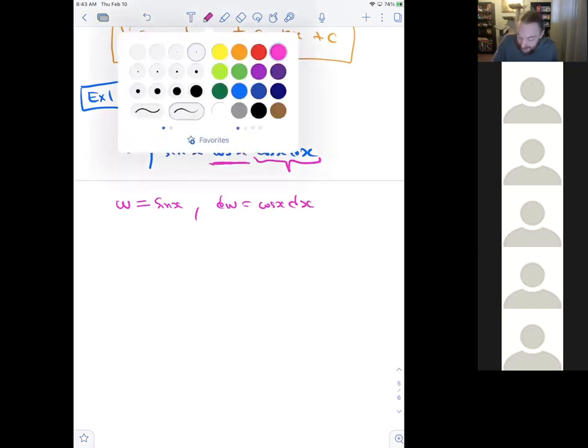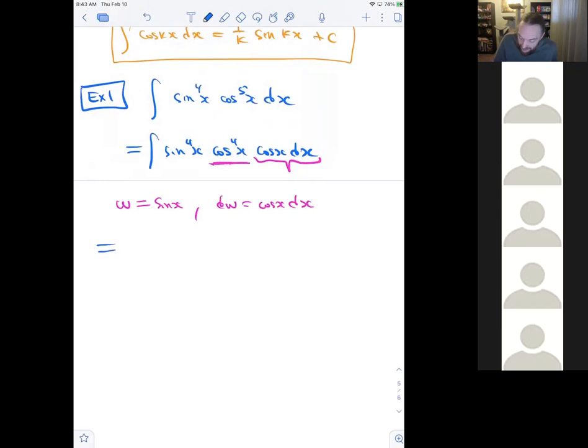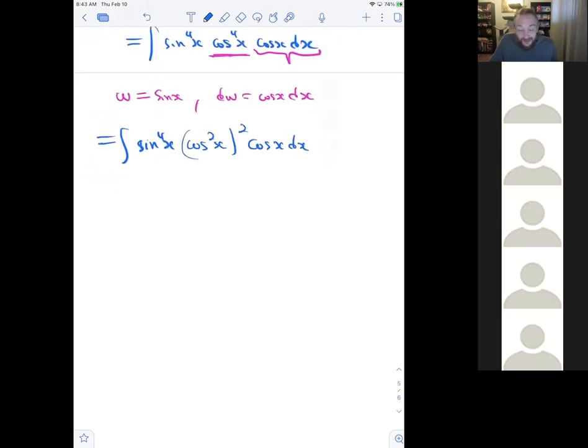So I'm going to write this as the integral of sine 4x times, I'll go slow, (cos squared x) squared times cos x dx. Cos squared, I'm going to use the Pythagorean identity to get rid of it now. This is equal to sine 4x (1 minus sine squared x) squared times cos x dx.